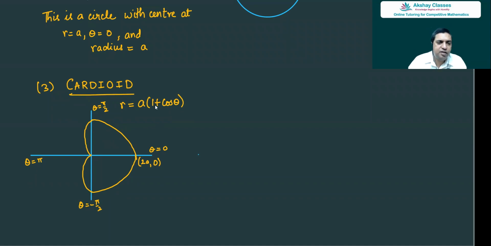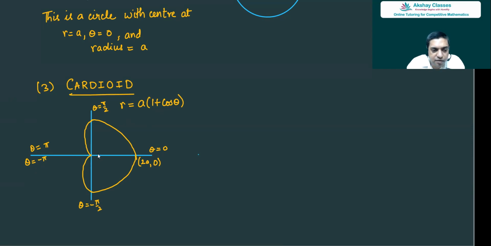And theta can go to negative values also. However, R will always be positive. 1 plus cos theta will always remain positive. So for all values of theta, this exists from minus pi to pi. At the bottom, it will be minus pi if you are approaching the angle like this.